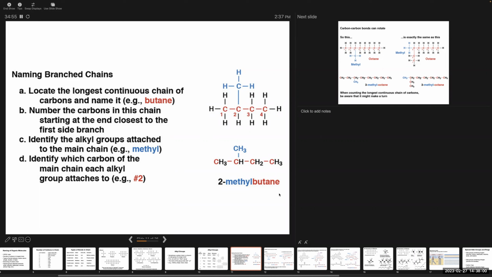We put the name of the side branch first and the name of the main molecule at the end, which is a little weird with IUPAC naming. With IUPAC names, you almost always want to look at the end of the name first, because that's going to tell you your main chain. And then everything else that comes before that are usually side branches off of that. So 2-methylbutane says I've got a molecule of butane with a methyl group attached to the number 2 carbon of the butane.